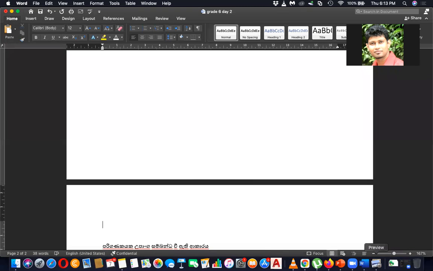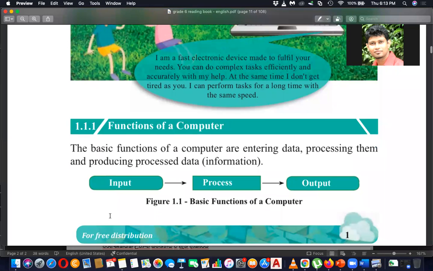A computer has three main components when you consider the function: input, process, and output. Input means you give something in, and output means you take something out.